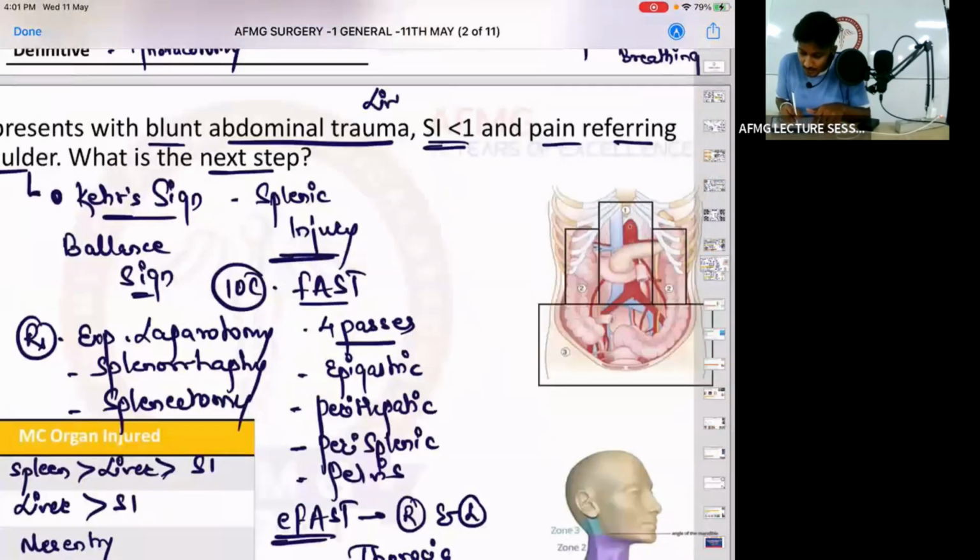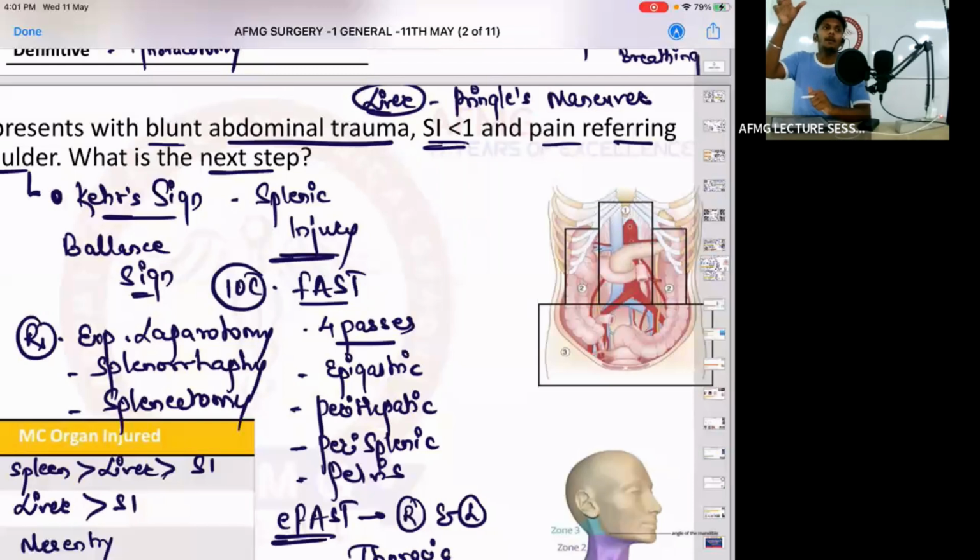For liver injury we perform the Pringle maneuver. This was asked. We compress the portal triad: portal vein, hepatic artery, and the bile duct. Mainly we compress the portal vein and the hepatic artery, which will stop the bleeding.